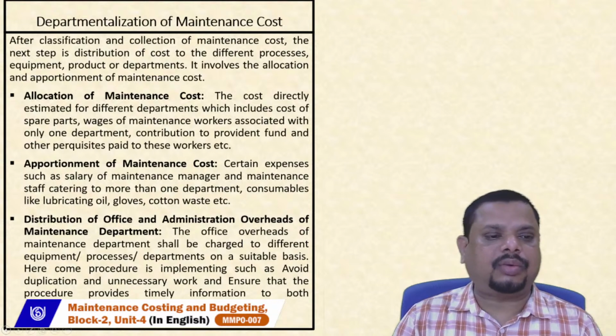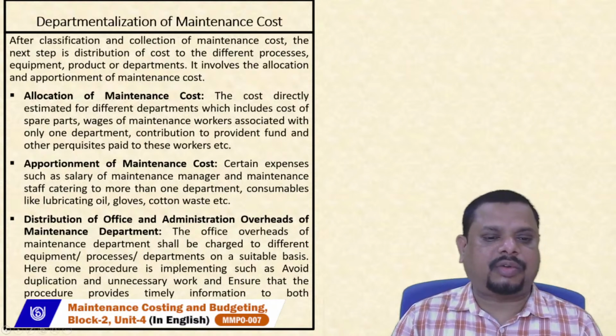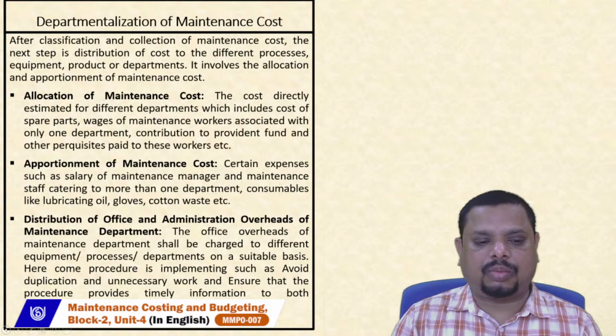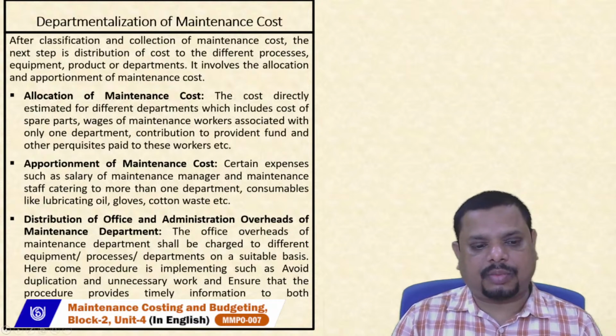These are the examples of apportionment of maintenance cost. The next one is distribution of office and administrative overhead of maintenance department. So these are the overheads of the maintenance departments. For example, they will provide procedures timely to inform the departments and reduce the duplications and unnecessary work, so that there should be clear visibility of your maintenance cost from department level to sub-department levels.